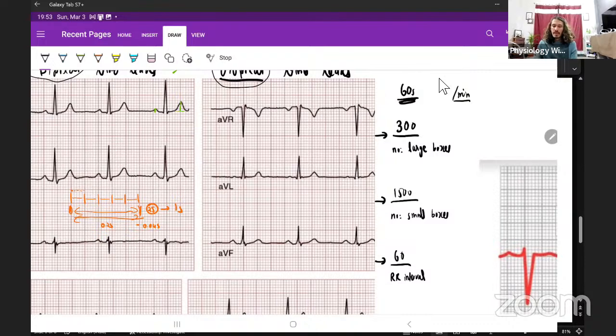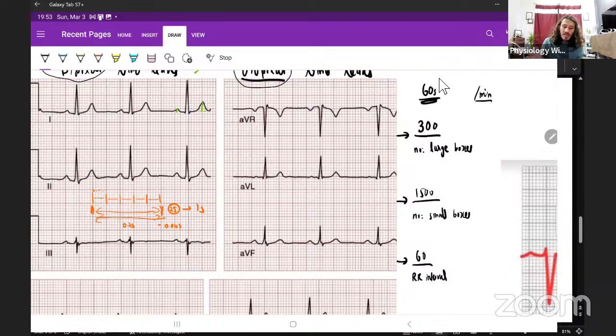Okay. Now, in 1 second, how many large boxes are there? We already saw in 1 second, 5 large boxes are there. Okay. And how many small boxes are there? 25 small boxes are there.